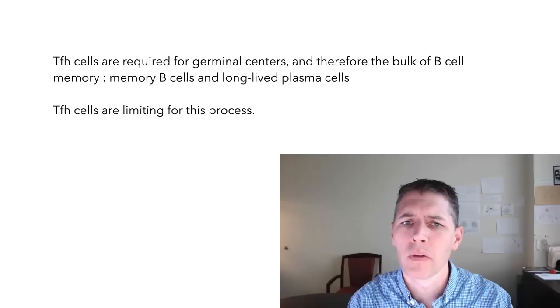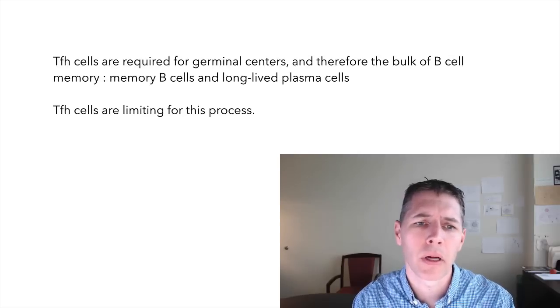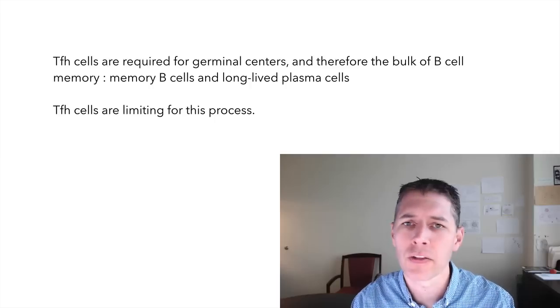TFH cells have become very interesting cells in immunology over the past 5 years.